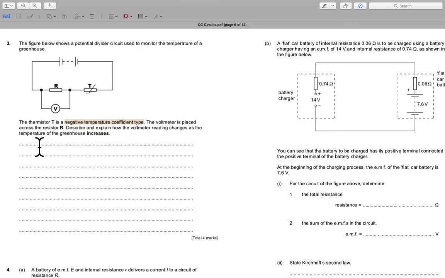This can say: increase in temperature will make a decrease in resistance of the thermistor.